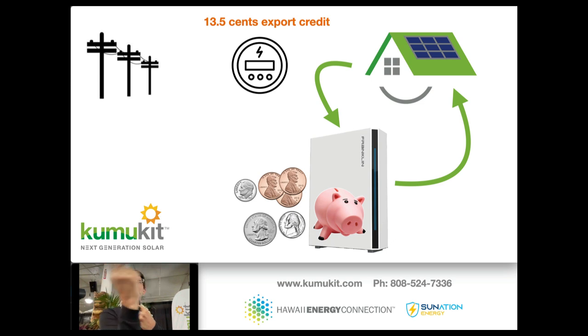Now you're not exporting that power at 13 cents, you're storing it and offsetting 43-cent power at night. This is the number one reason why batteries are being sold in Hawaii. It's like a piggy bank to store all that excess solar and put it back in the house. It increases the ROI in your system now.